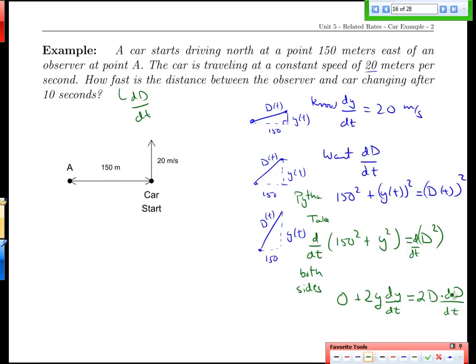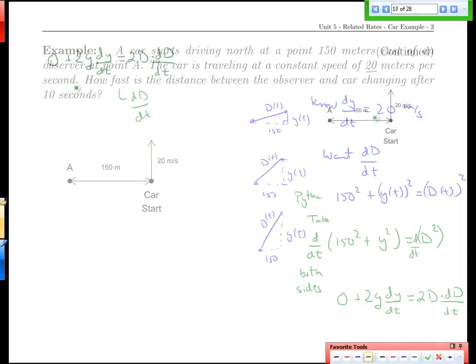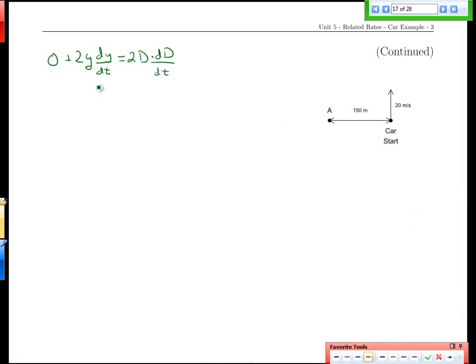Taking this equation to the next page, we can start solving for what we want, remembering that dy/dt, which is the rate of change of this side of the triangle, is going to be 20 meters per second. Having copied over the equation, we can sub those in.